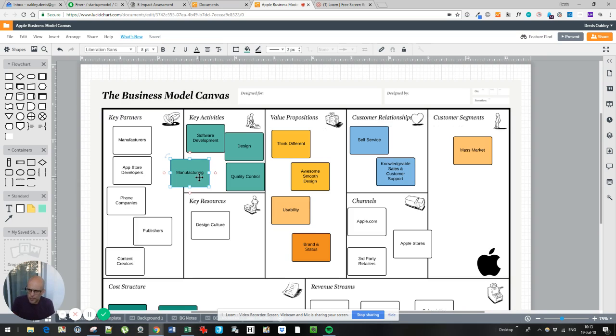I can't remember the Taiwanese name for them, Hon Hai or something like that. And they have these massive factories in China with sort of 100,000 people in the factory. And Apple has decided that it's way more efficient to get somebody else to execute that key activity on their behalf rather than executing it themselves.